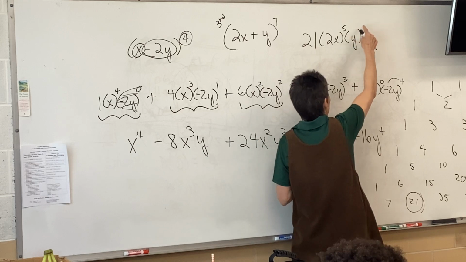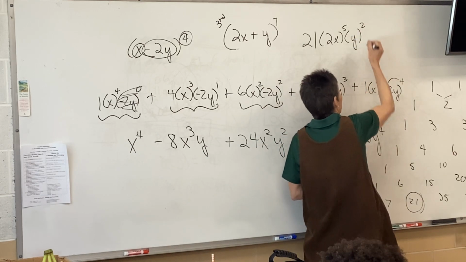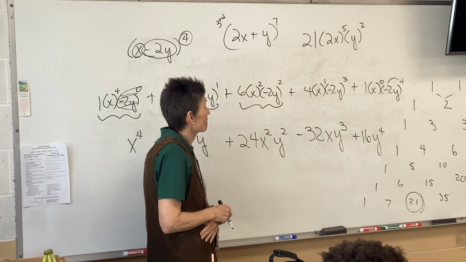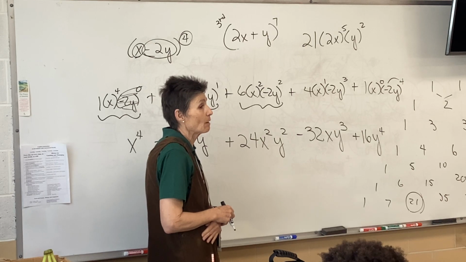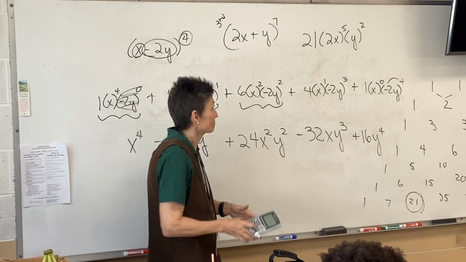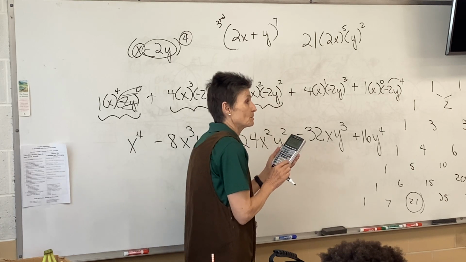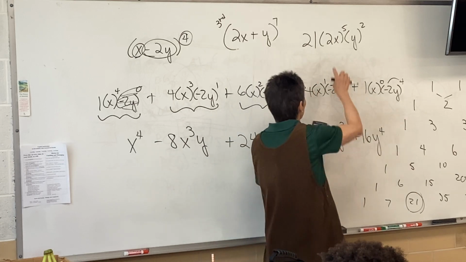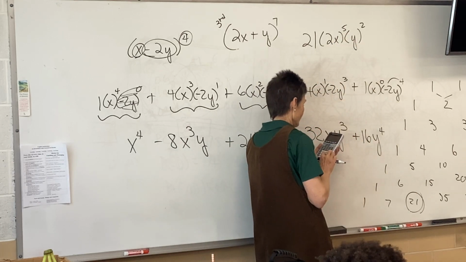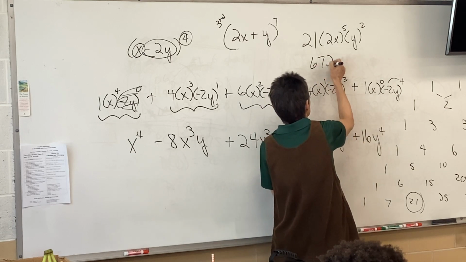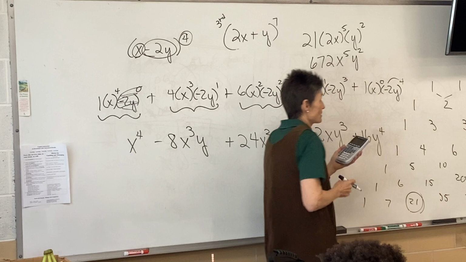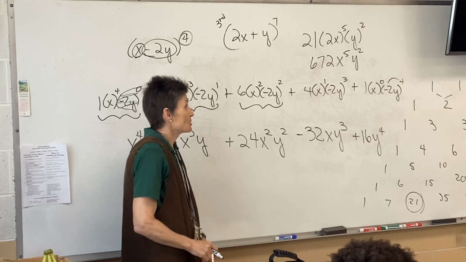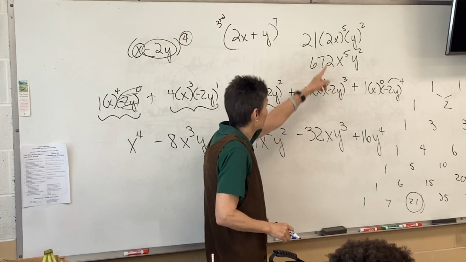And if that's a 5, what's this one gotta be? 2, because they gotta add up to 7. Now we're simplifying. So then I'm multiplying 21 times what? What's this? 32. So 672 x to the 5th y squared. So we do exactly what we did with all of these, but we only have to do it once.